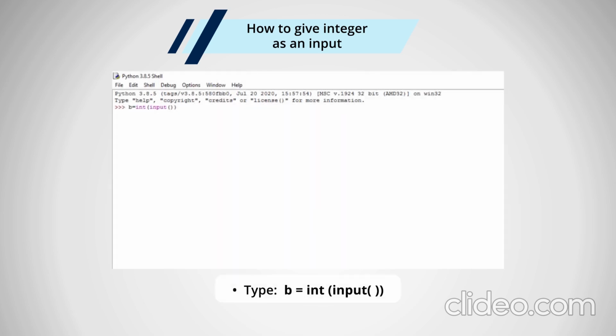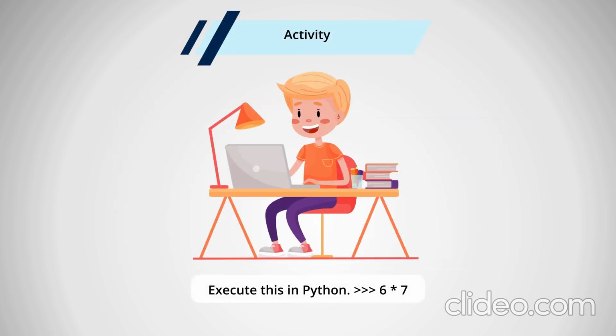See how. You saw that how the int command converts an input number to an integer, provided that a number only is entered in the input command. Execute this in Python. 6 times 7.